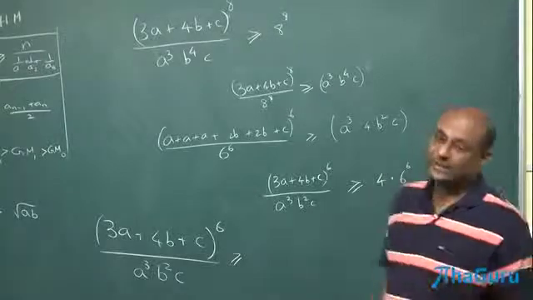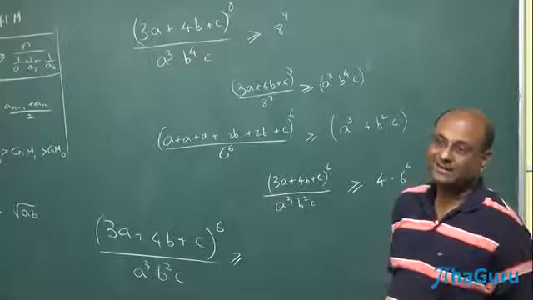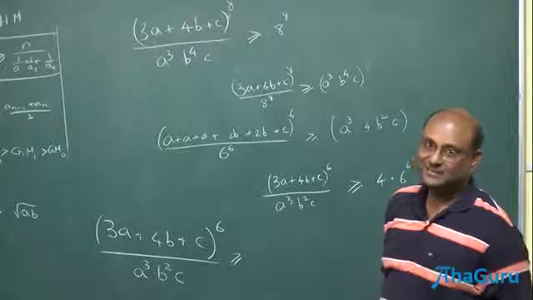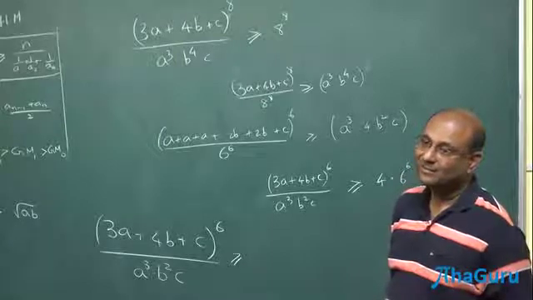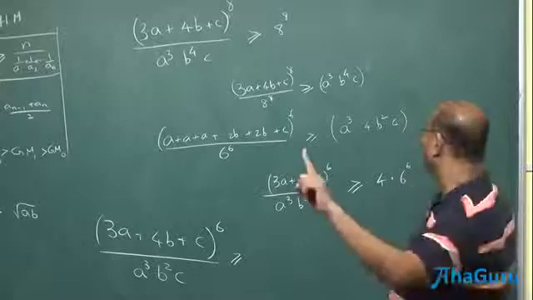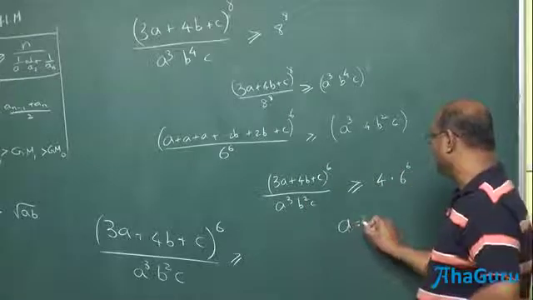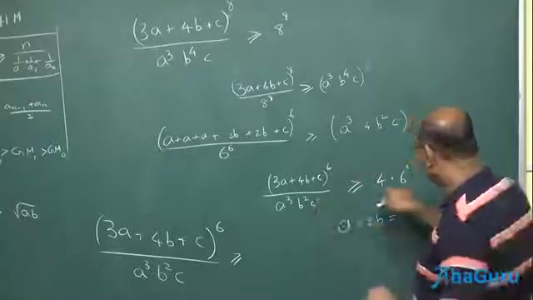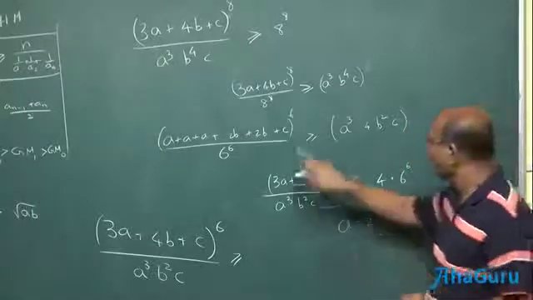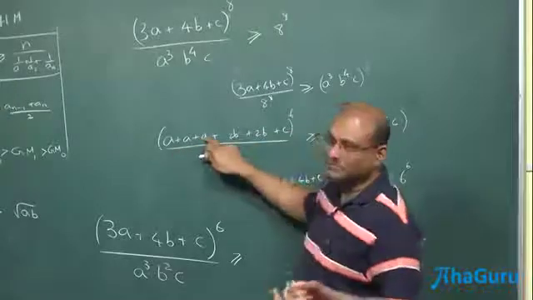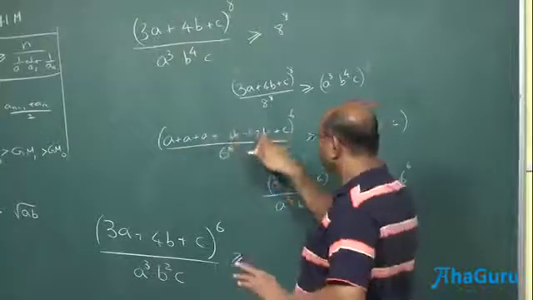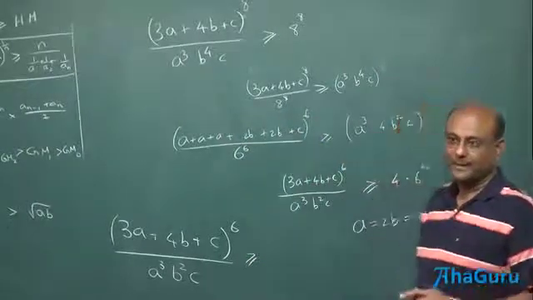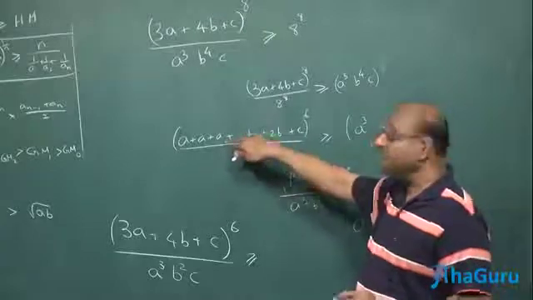And is equality met? Yes. How? It's equal if A is equal to 2B is equal to C. All the numbers have to be equal. So this will actually achieve 4 times 6 power 6 if this is equal to this is equal to this. Okay, so equality will be achieved only if A is equal to 2B.